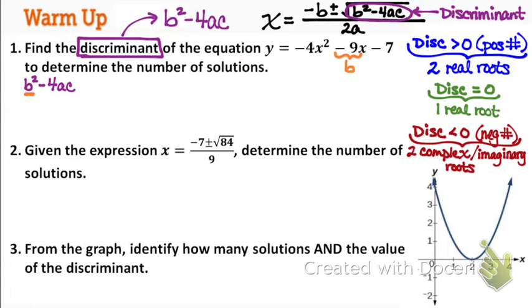Here's my b value. So I'm going to have -9 squared minus 4 times, what are we going to put in for a? -4, this piece right here. What are we going to put in for c? -7, this piece on the end.